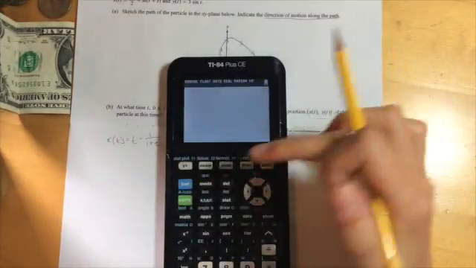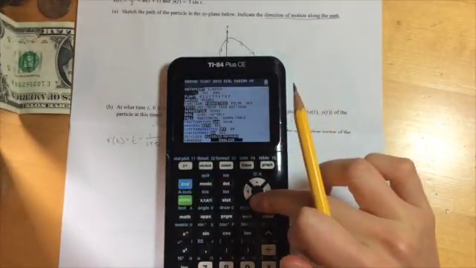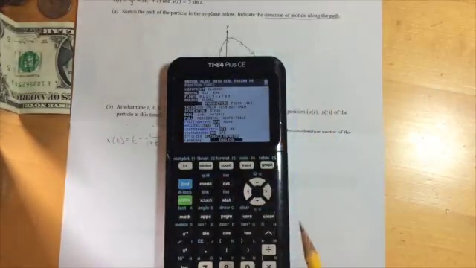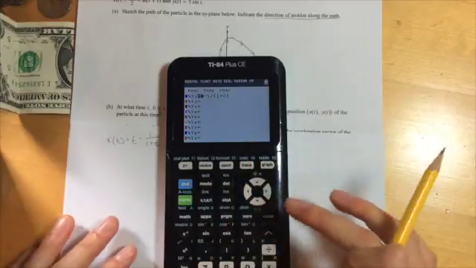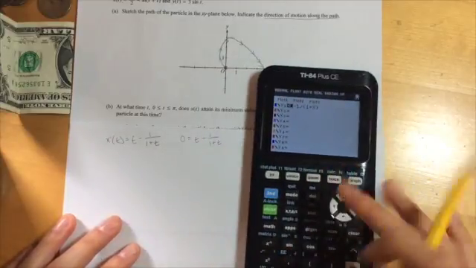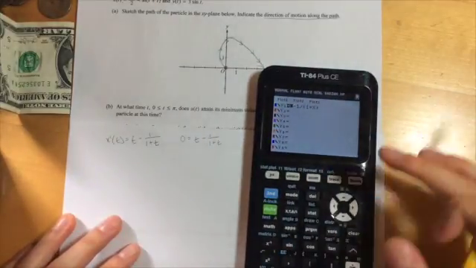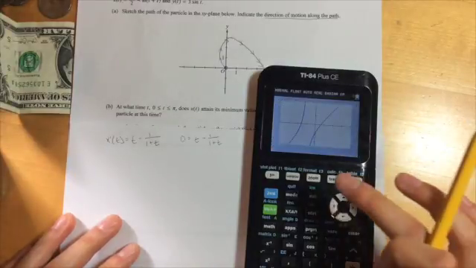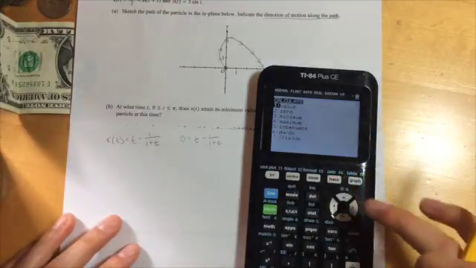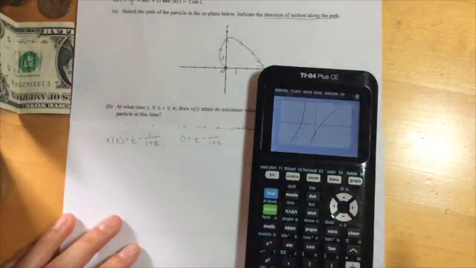We can do this by graphing it. So if we go to mode and switch from parametric to function, and then go to y equals, we can plug in x prime of t, and then we can graph it and find when it equals 0.